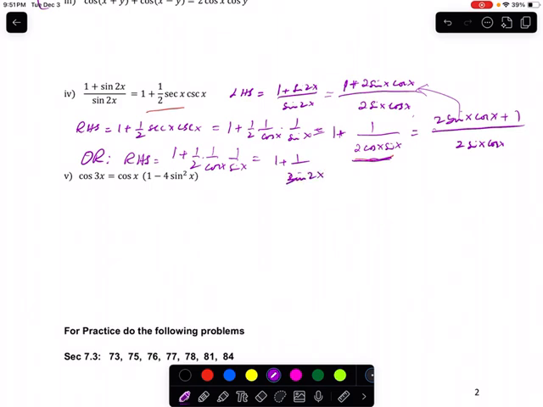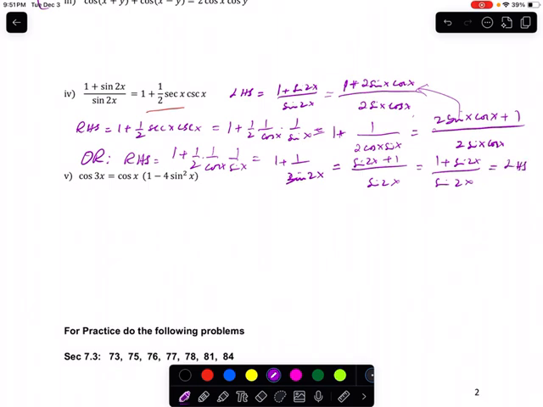And now take the common denominator again, which will be sine 2x. So it becomes sine 2x plus 1 over sine 2x, which is the same as 1 plus sine 2x over sine 2x. So which is the left hand side.